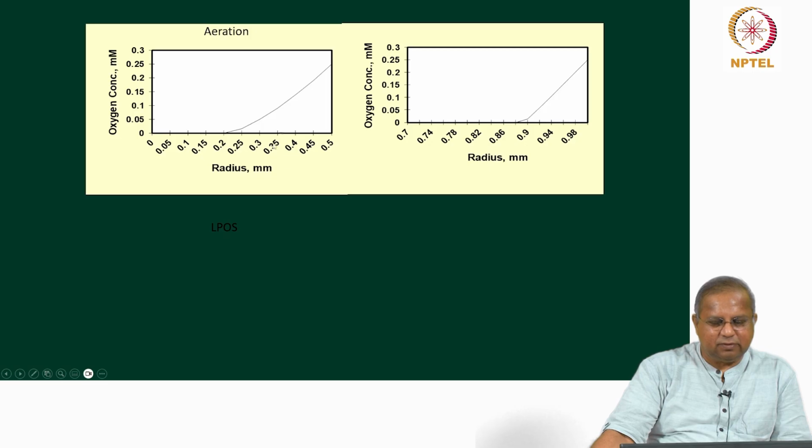And the results can be summarized to a certain extent like this. When you consider aeration, this is the pellet radius. Okay. So, this is a 1 mm diameter pellet, and this is a 2 mm diameter pellet.